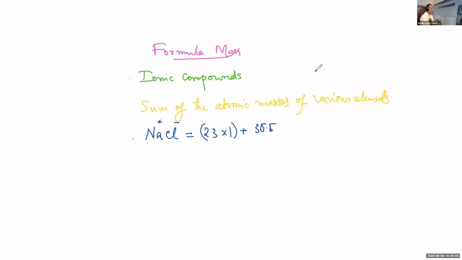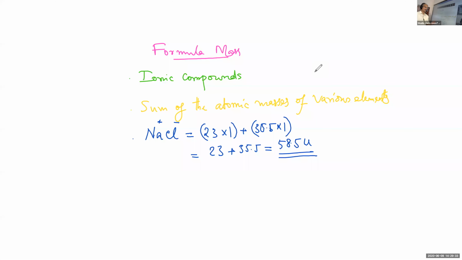There is only one chloride ion, so 35.5 into 1. You add this: 23 into 1 is 23, plus 35.5 into 1 is 35.5. You add this, you will get 58.5 U. That is the formula mass of sodium chloride.